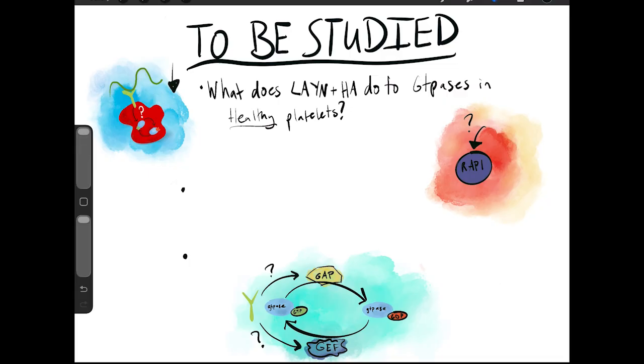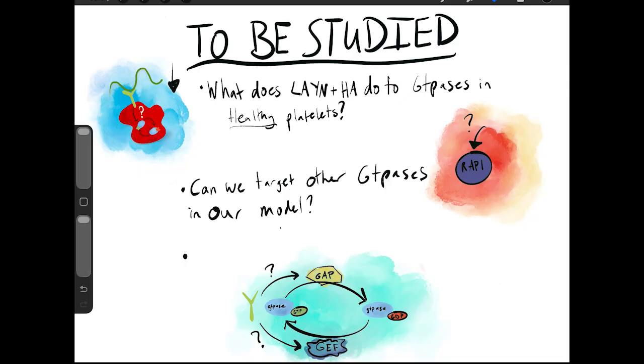And then next comes the second point here. So what you'll notice is that we did a lot of RAC1. And again, that's because RAC1 is known to be very druggable. There's a lot of medications that are already targeting it out there. It's very well studied. So that was why we focused on it. But there are so many other GTPases that we could talk about.